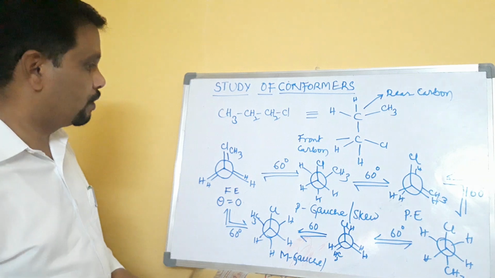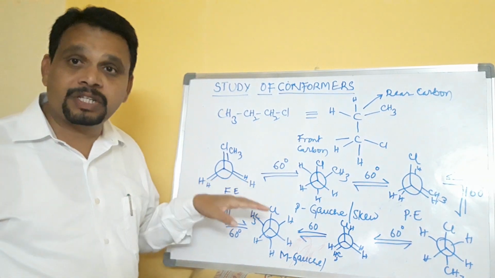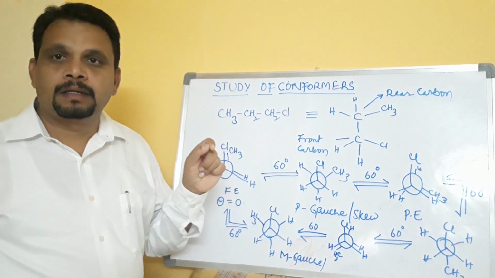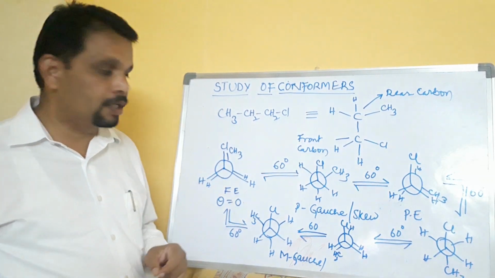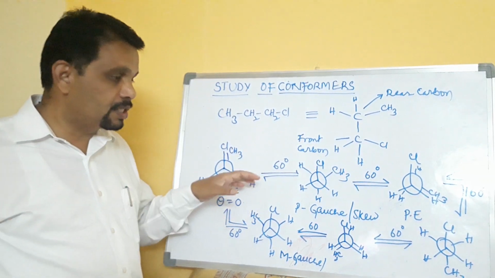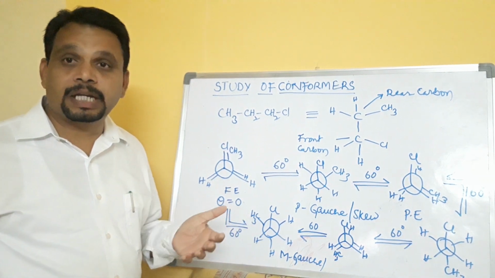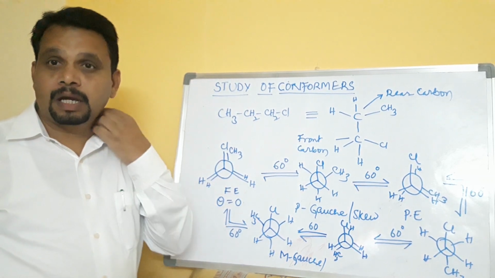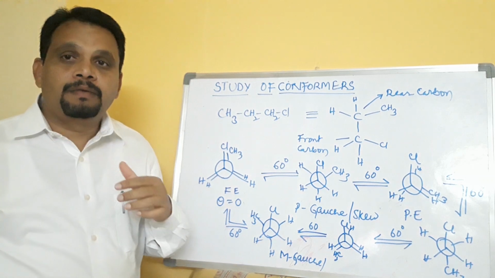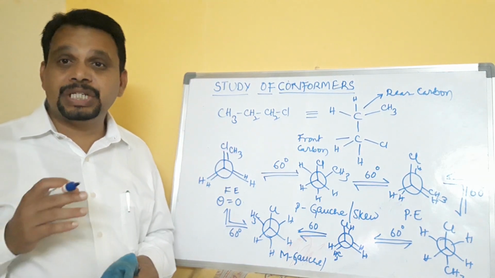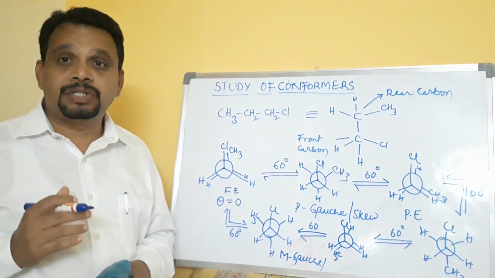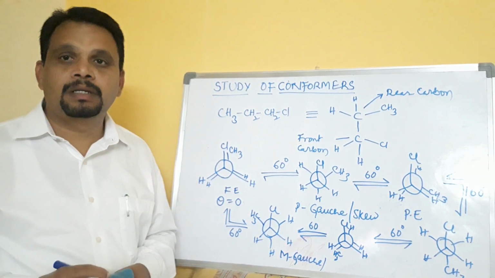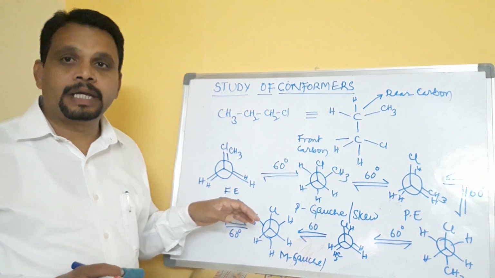This is the first step: you need to write the possible conformers for a given compound. Then we need to analyze which is more stable and which has more energy, and after that we have to write the energy diagram, with energy on one axis and dihedral angle on the other. By taking them, you can draw a graph.